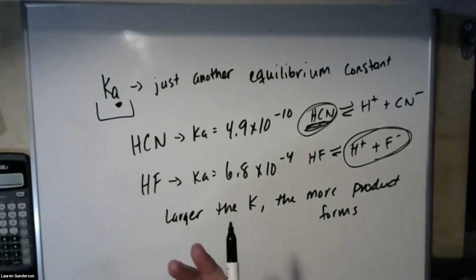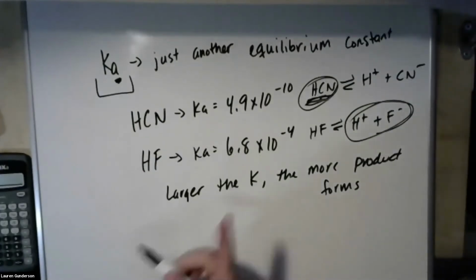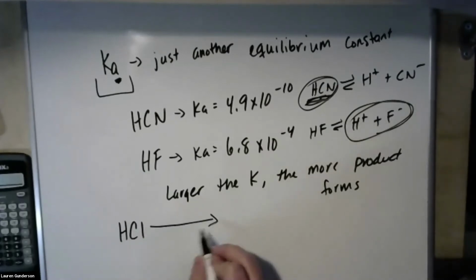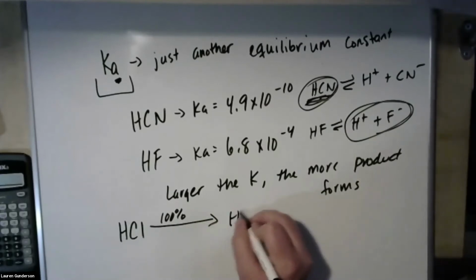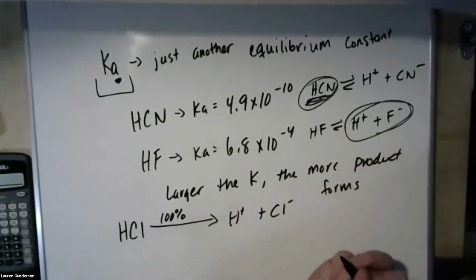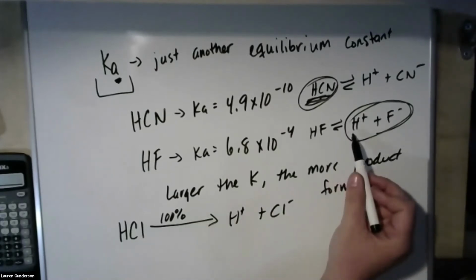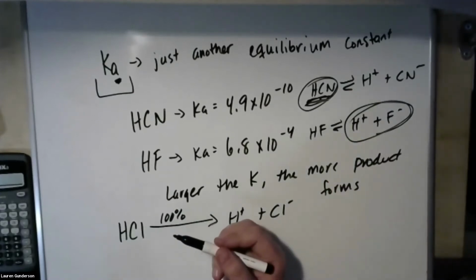Now you're going to notice that there are no K values associated with your strong acids or your strong bases. Hopefully that makes sense to you, because when we have a strong acid, something like HCl, 100% of that acid converts into ions. There is no back and forth like with the weak acids, and because there's no back and forth, there's no K value associated with it.